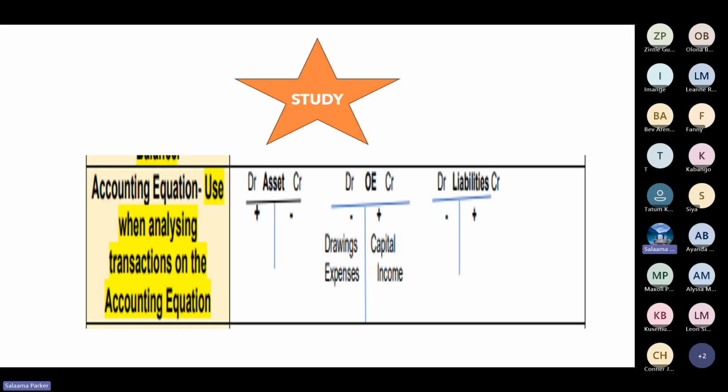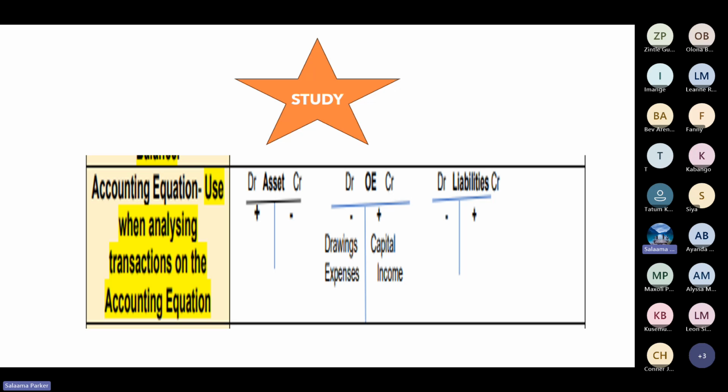And again, from your cheat sheet or summary sheet, always remember to use this when analyzing your transactions: assets increase when you debit, decrease when you credit. What increases owner's equity? Capital and income.